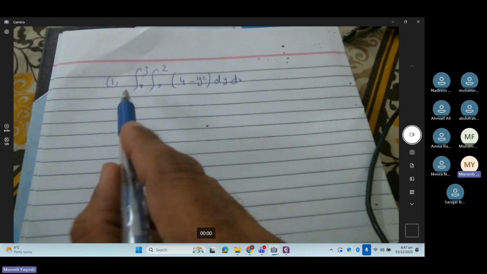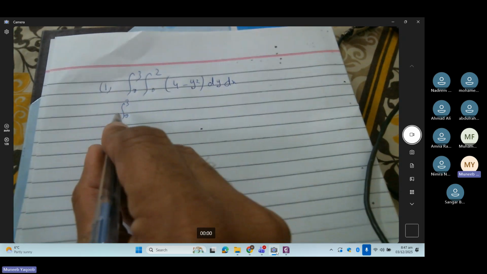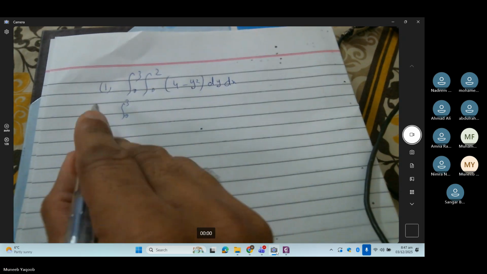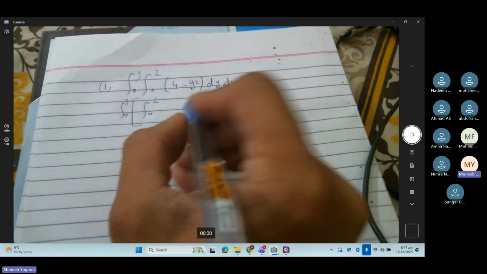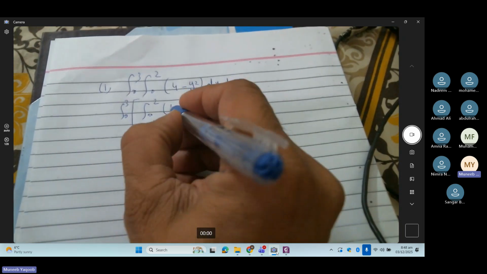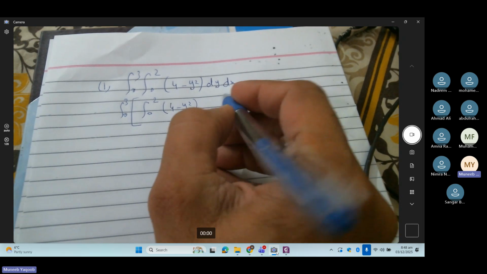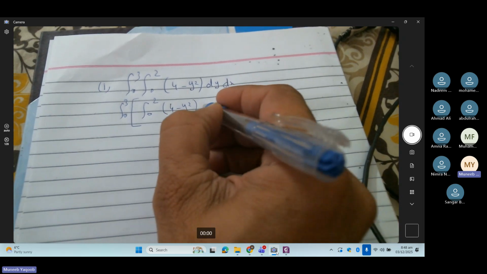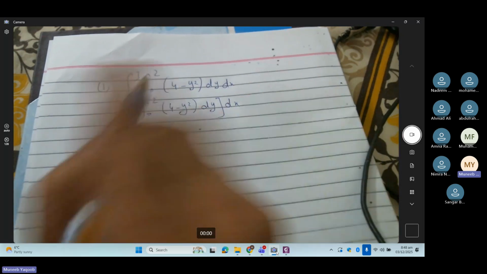And as I told you, we will keep the outer integral as it is. We will not integrate with respect to the outer integral. Rather, we will integrate with respect to the inner integral first. So therefore, I inserted this square bracket to make this thing clear that our first integration will be with respect to y. Okay.